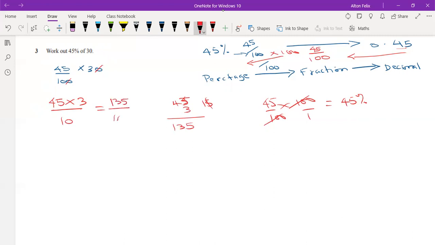And then you divide that by 10. The point is right there. If you divide it by 10, you move one position to the left. So that will be 13.5. That's our final answer, 13.5.